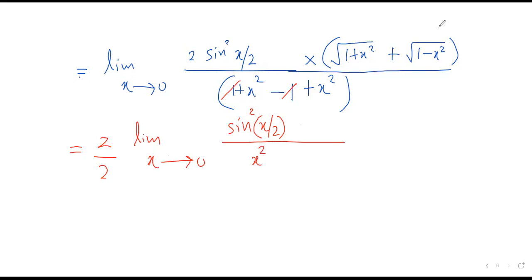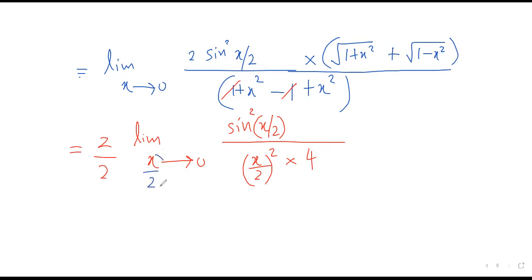Now we have to create x over 2 squared, but you have to multiply by 4 here. Am I correct? Yes. Then with x over 2, you have to change the limit.